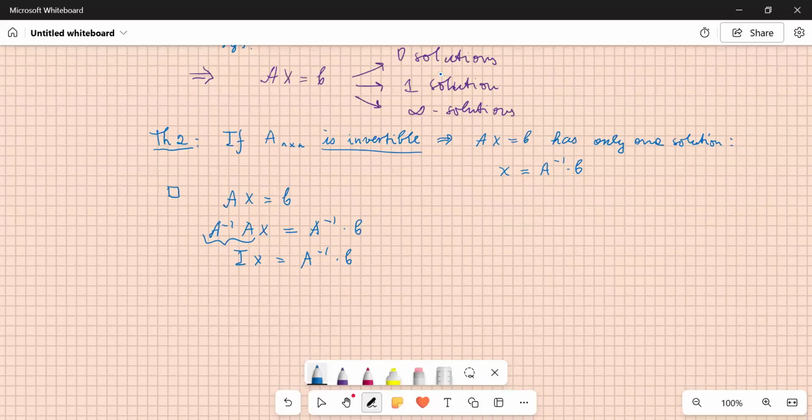Well, the right side is what? The product of two matrices, matrix A inverse and B. We know that there is only one matrix that results from the product. There are not going to be two different matrices from the same product. So X, an arbitrary solution, is going to be equal to the unique matrix A inverse B, because we can build this one only one way.